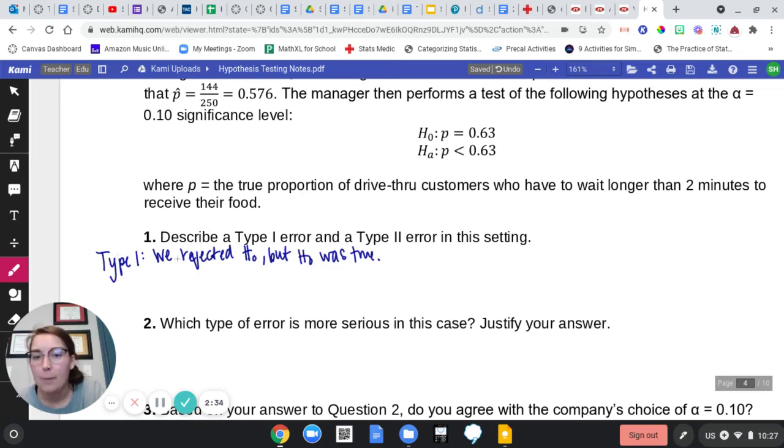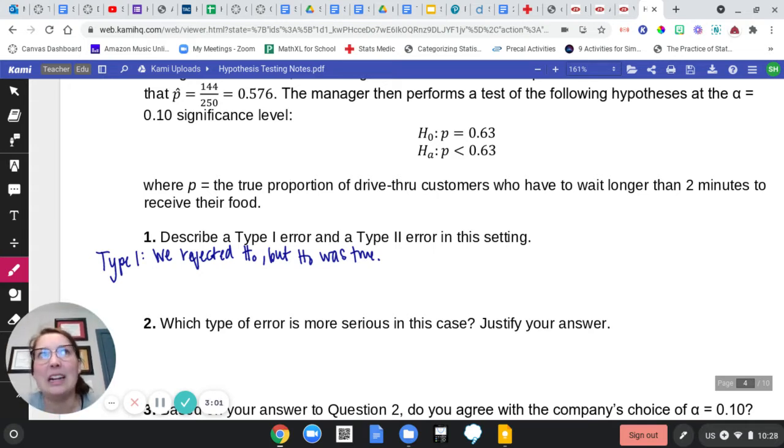So for type 1 error, in practice, what does that mean? If we rejected the null, that means we really thought that we reduced the wait time. So we found evidence that we reduced the proportion of people who had to wait longer than 2 minutes. But actually the proportion was still the same. So we thought we reduced the wait time, but we actually didn't.